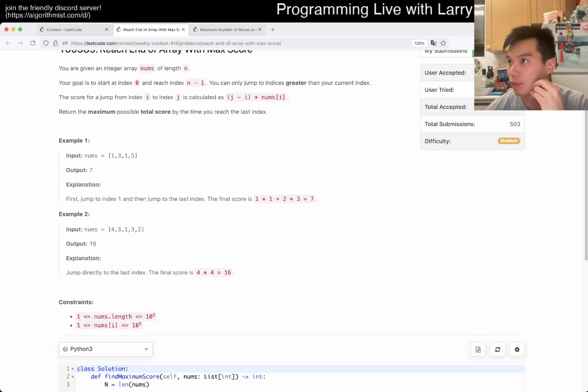So it's 3, 4. Oh, maybe it's not monostack. Is it mono queue? So a new number that's smaller than the thing is never going to cut it, right? And now you want a bigger number.